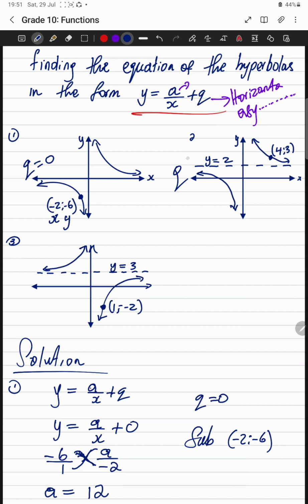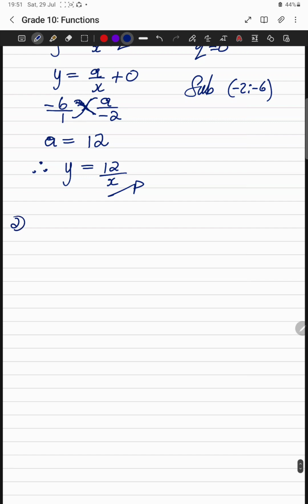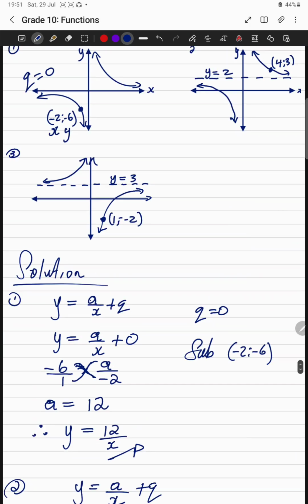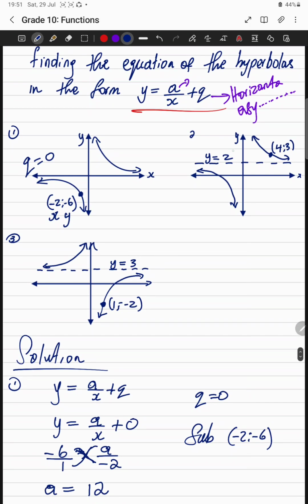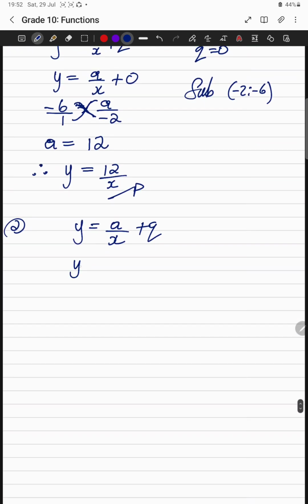Simple as that. Now let's quickly do that one. Number 2: y is equal to a over x plus q. Our q value here is 2. So that means y is equal to a over x plus 2.